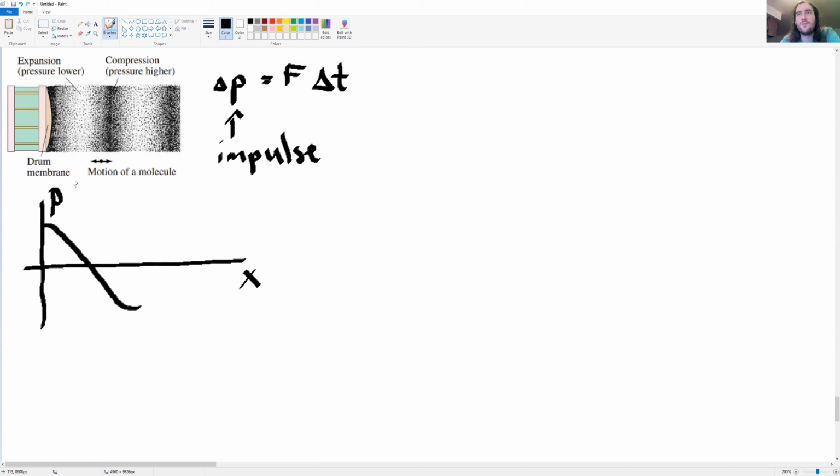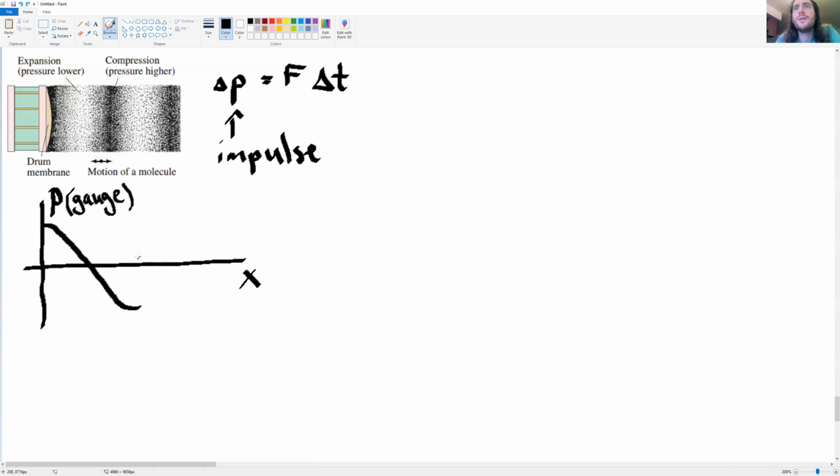By the way, this is gauge pressure. Maybe I can make the pen stroke smaller and that's better. This is gauge pressure, so when I draw the pressure going negative here, it means it's lower than the atmospheric pressure.